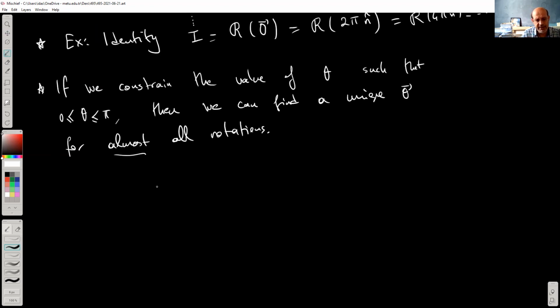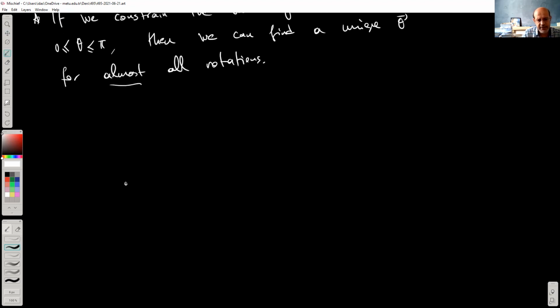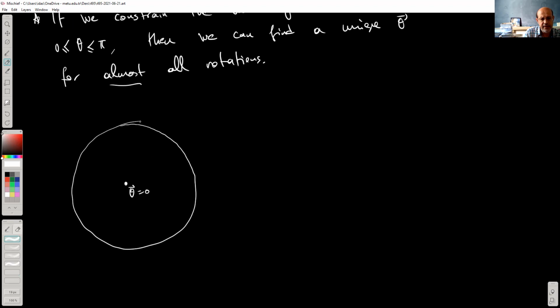Because the point is this, think about this. So this is theta equals 0. Think about this as a sphere of some kind. It's not an arbitrary sphere. It's a sphere with radius pi.